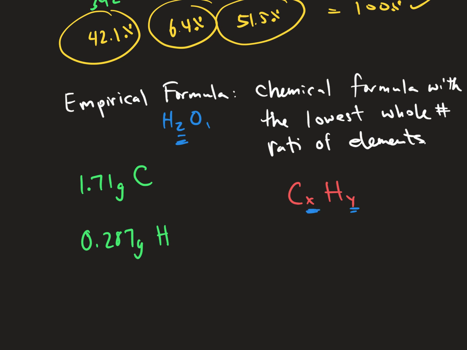So we can figure out how many atoms that is. Well, what do you think? A little bit of atoms or a lot of atoms? There's a lot. There's trillions of them, right? If we have 1.71 grams of carbon, we have trillions of carbon atoms. We're not going to be able to count these things, okay?